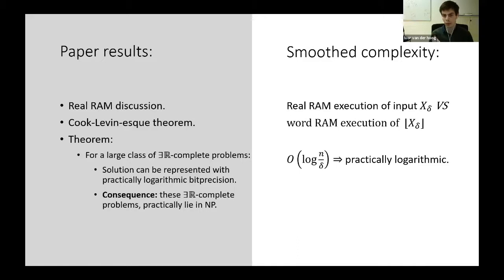So for very small but constant delta, it would in fact be logarithmic. And the consequence is that these ETR complete problems, for most inputs, apart from some very degenerate instances, lie in NP. It shows that if there is a boundary between these two complexity classes, it must be made up by some very contrived input, as it were.